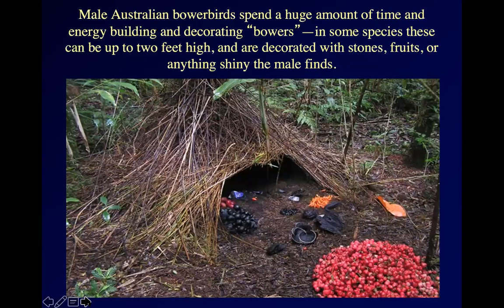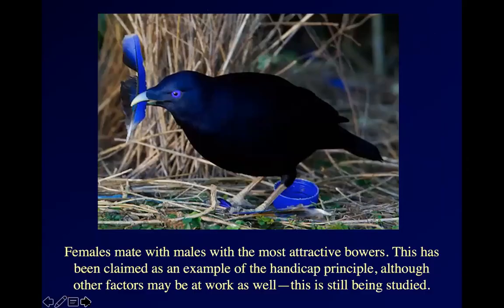They'll pick up pebbles. Anything shiny that the male finds will be brought to that bower. Here you've got a male bowerbird. You can see he's got a bright blue feather and below him a bright blue bottle cap, trying to attract the ladies. Females mate with males with the most attractive bowers.